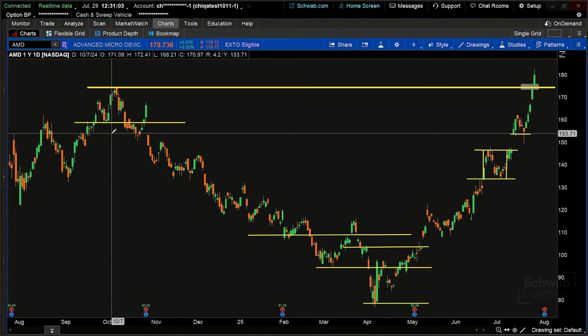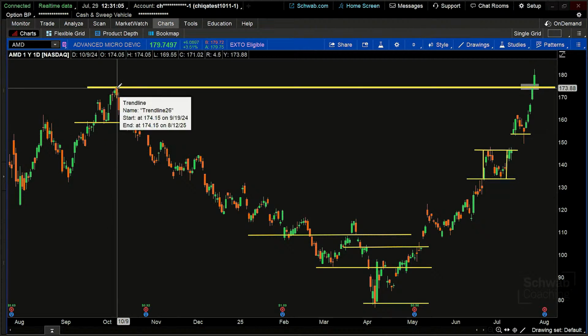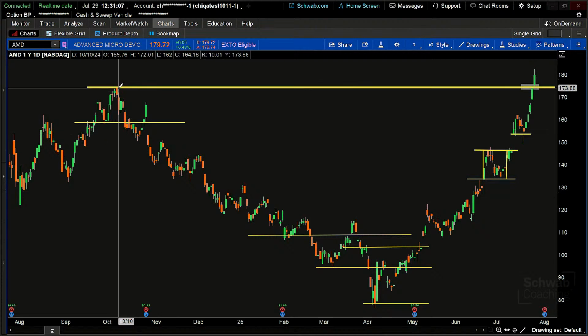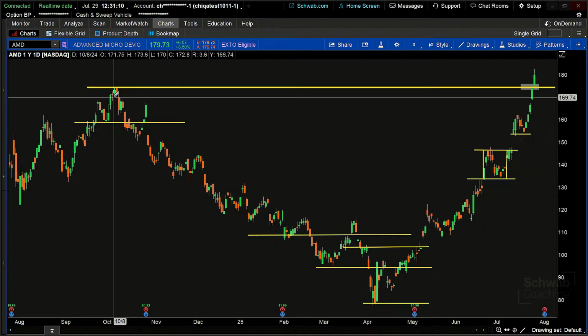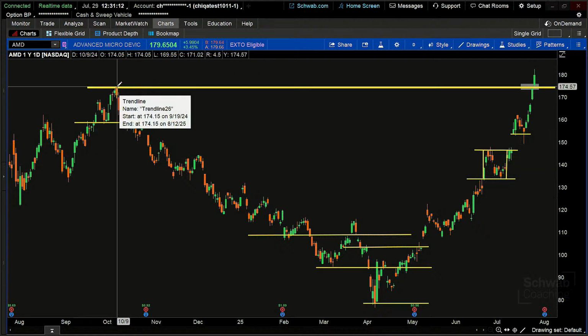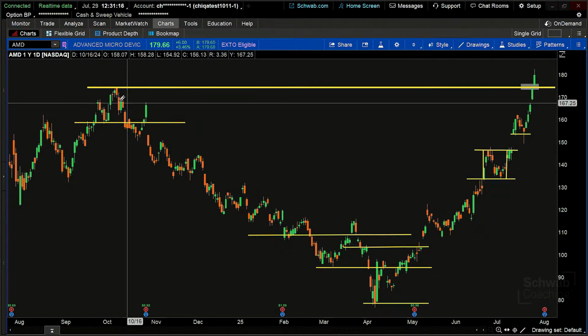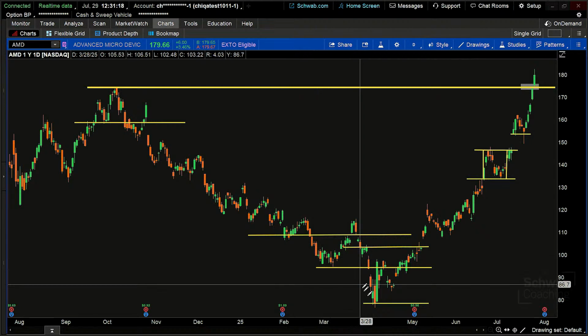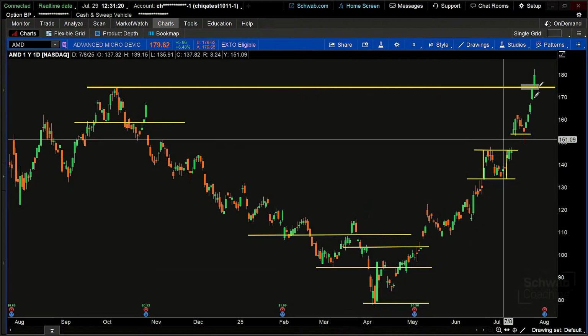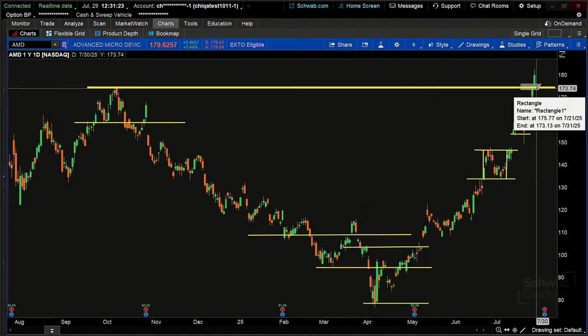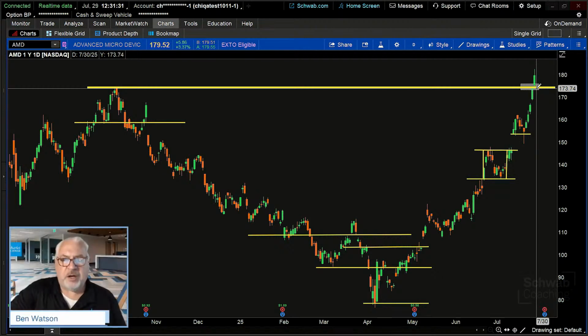What that means is those buyers who missed out getting into the trade here, or bought as it was running into that resistance level back here in October, now might say, all right, I'm going to stay on the bus all the way back down here. I'm going to ride that bus back to the same place that I got on the bus, and now I'm going to get off because I'm not being injured at that point. I'm whole. I'm not taking a loss at that point.